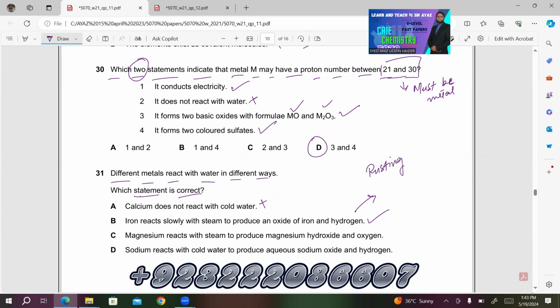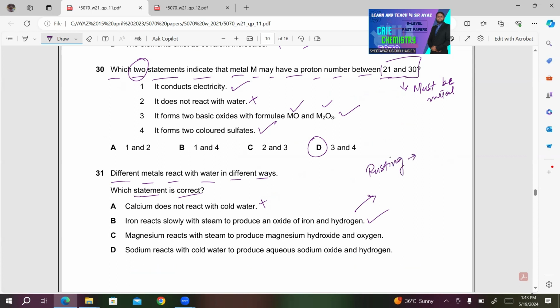And in rusting, we are getting two oxides, that is iron 3 oxide and oxide of hydrogen, that is water. C. Magnesium reacts with steam to produce magnesium hydroxide and oxygen.